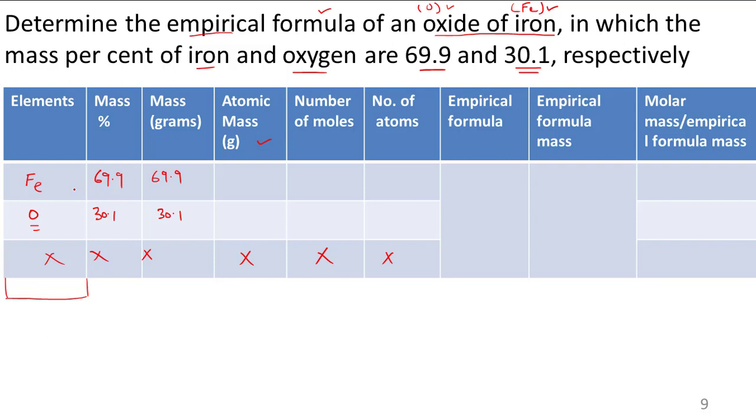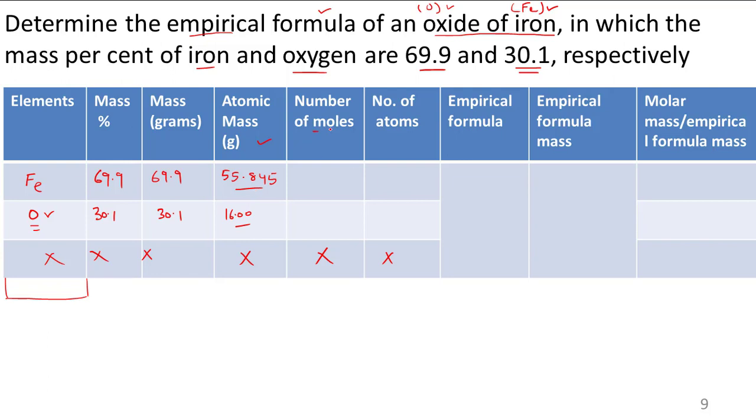The atomic mass of iron, if we choose the approximate value, is 56. If we choose the exact value, it is 55.845. This is the exact atomic weight of iron considering all its isotopes, and the atomic mass of oxygen is 16. So these are the atomic masses.